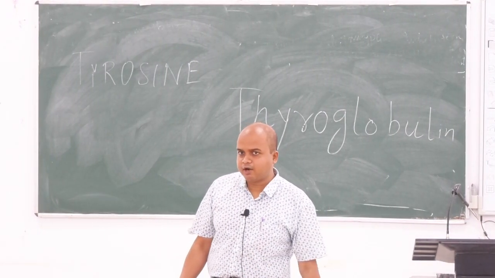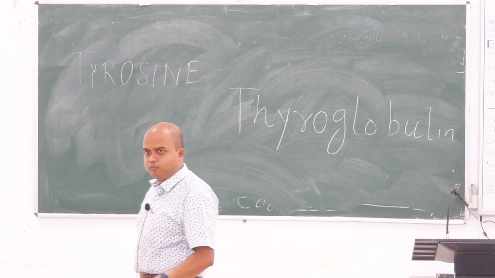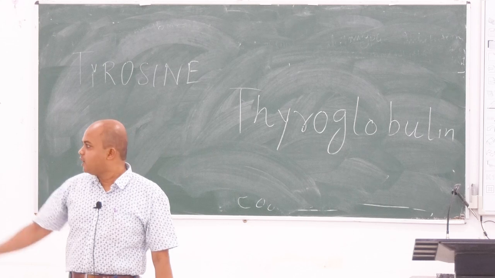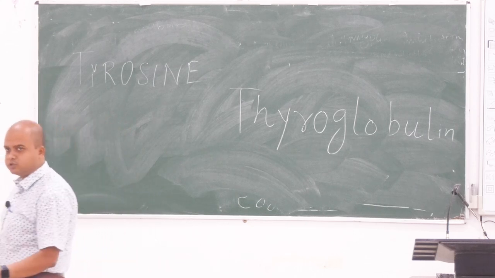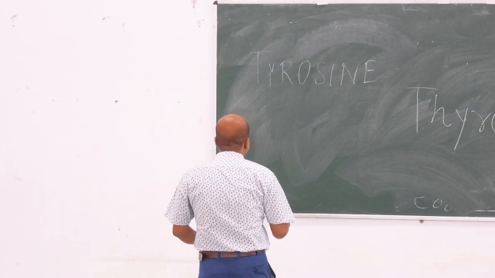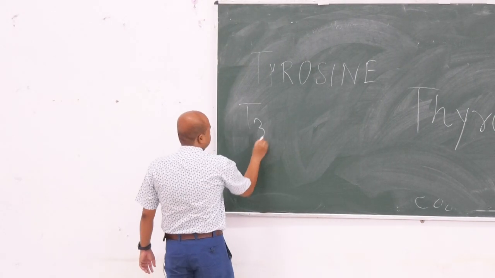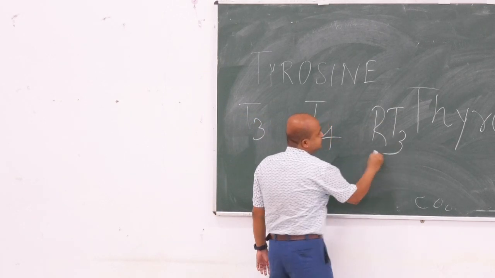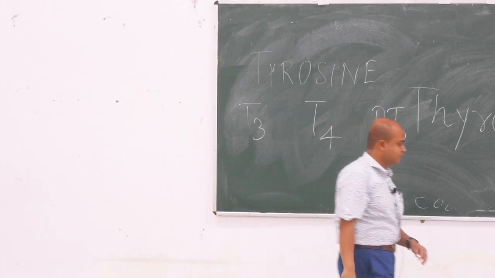Calcitonin is secreted by the thyroid gland. That will come along in calcium metabolism, which we usually discuss separately. Here we discuss the thyroid hormones T3, T4 and another, reverse T3. rT3 is reverse T3.